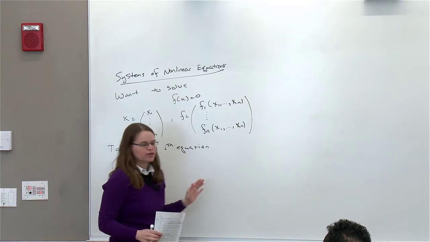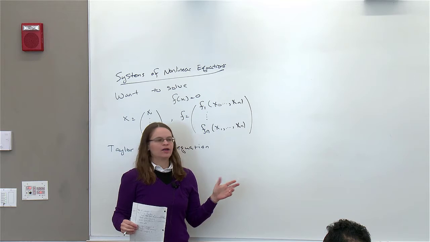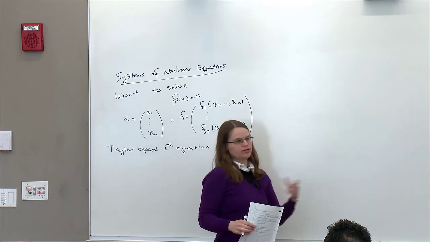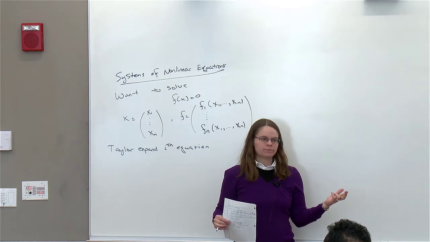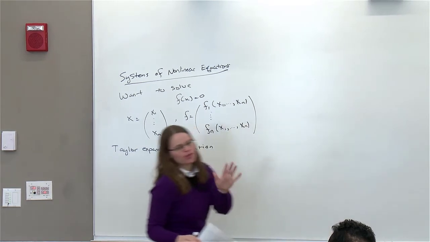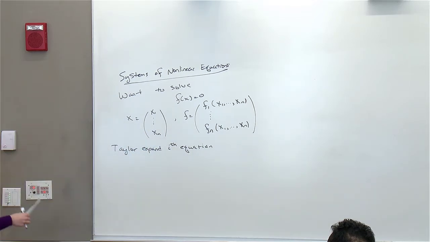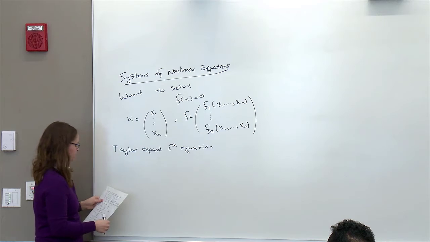Now, nonlinear equations are more complicated, so n equations in n unknowns doesn't necessarily uniquely determine a solution always. Just like with a quadratic equation, there could be more than one solution. So there are always cases where you might need extra conditions. But in general, the n should be the same for both of these.